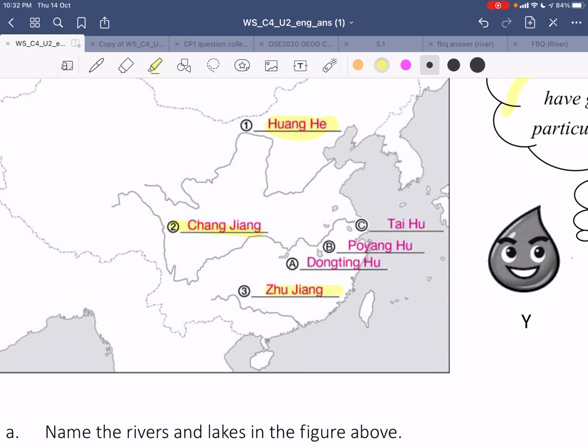Also the different kinds of lakes, Taihu, Poyanghu, Dongtinghu, are all located in the Changjiang basin. Although there are some lakes in Huanghe, they are not really large. The large lakes are all in the Changjiang.